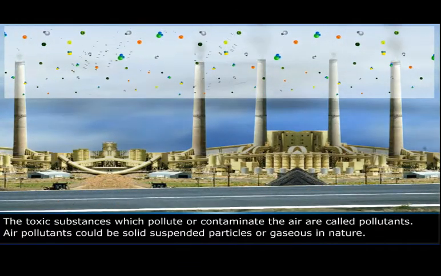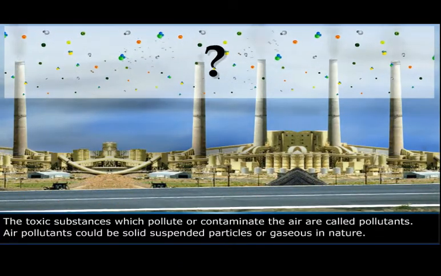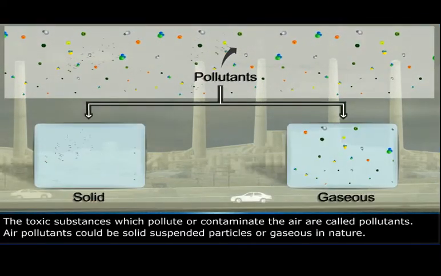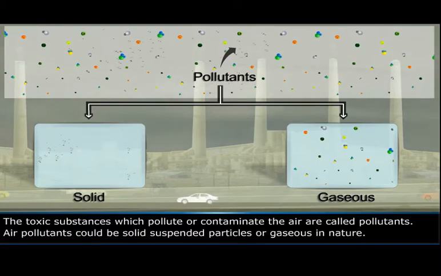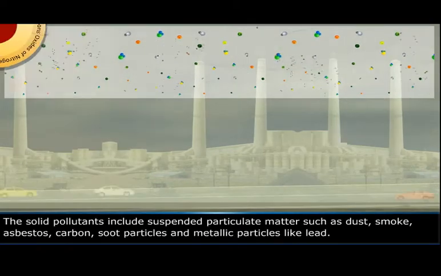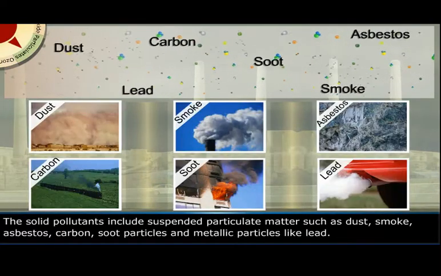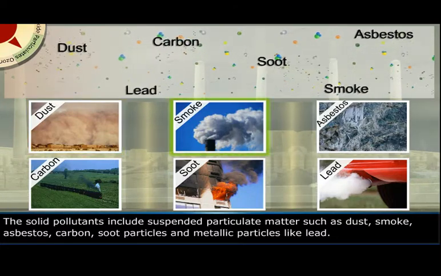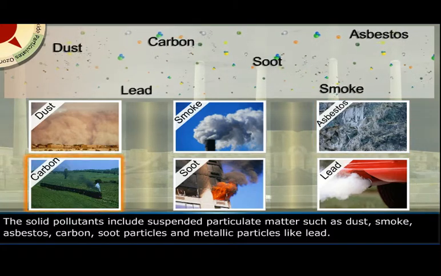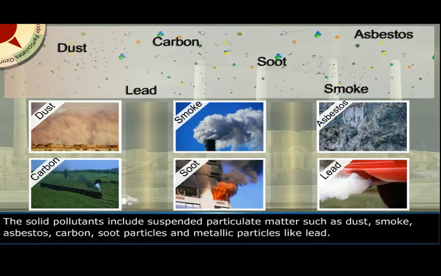The toxic substances which pollute or contaminate the air are called pollutants. Air pollutants could be solid suspended particles or gaseous in nature. The solid pollutants include suspended particulate matter such as dust, smoke, asbestos, carbon, soot particles, and metallic particles like lead.